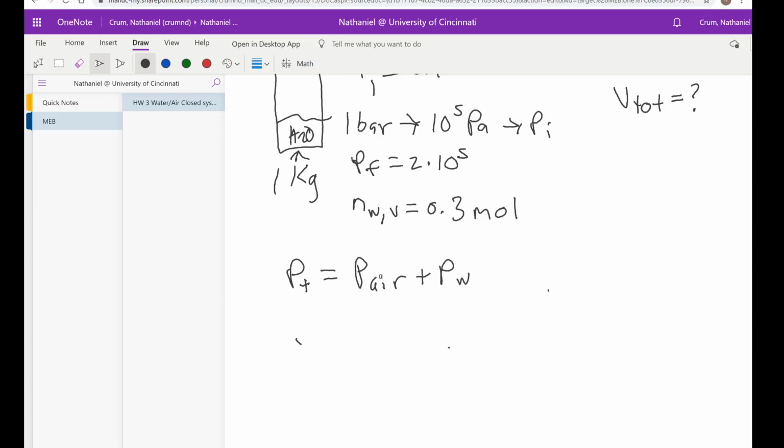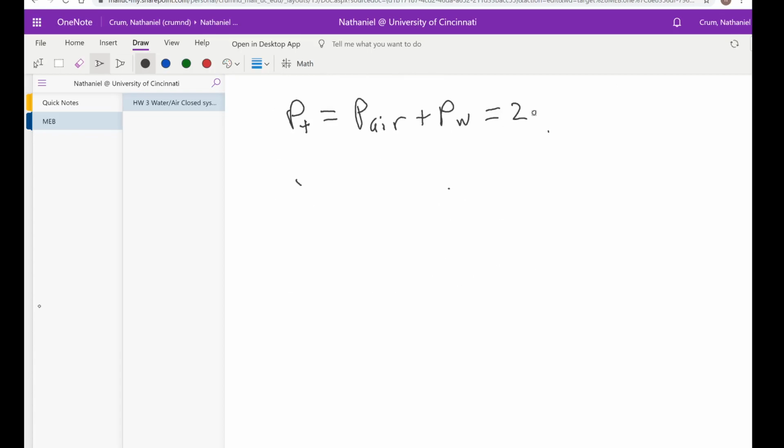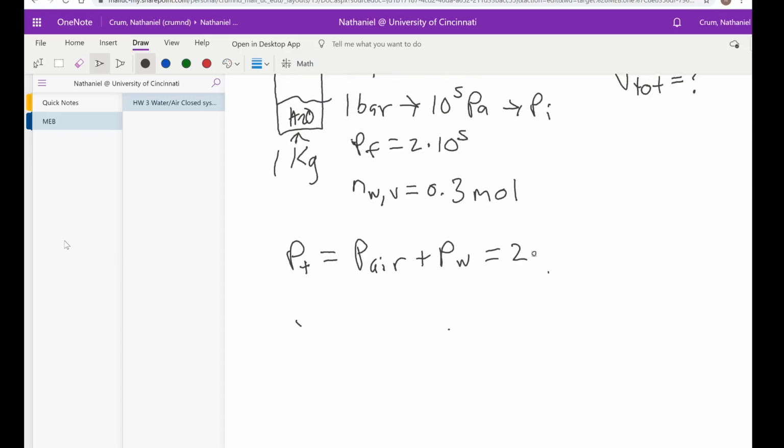And we know that is equal to the 2 bars, so 2 times 10 to the 5th pascals.